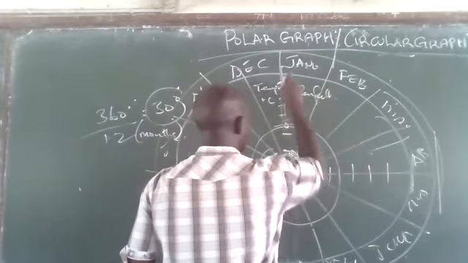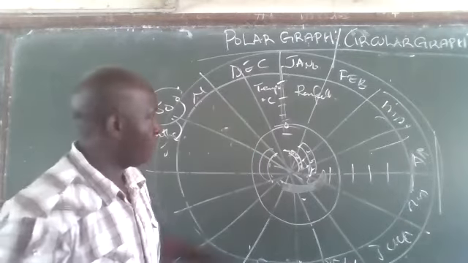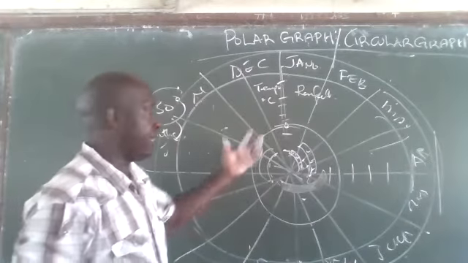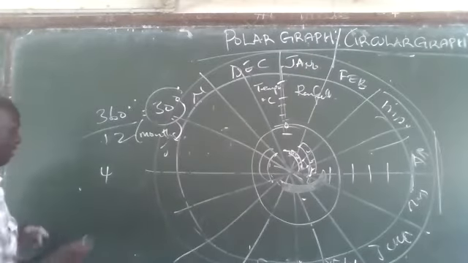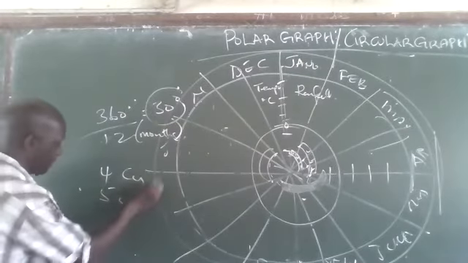And in mind, we must know the size of our space, given that by the appearance of this circular graph, we either have the 3 centimeters or the 5 centimeters.